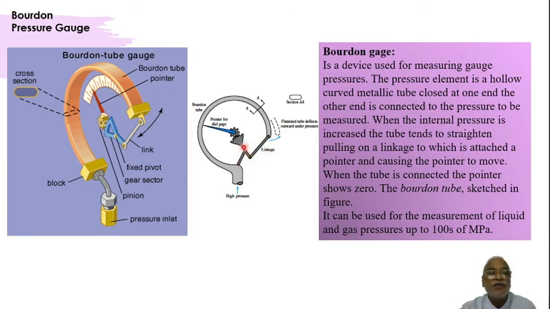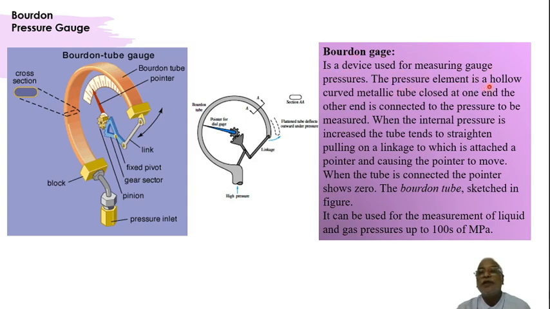Here this is the pivot point, the fixed point. When this moves, this is pulled, and because of that this goes this way. When this goes this way, this rotates and then the needle shows higher values of pressure. That's how this operates. So Bourdon gauges are devices used for measuring gauge pressures.